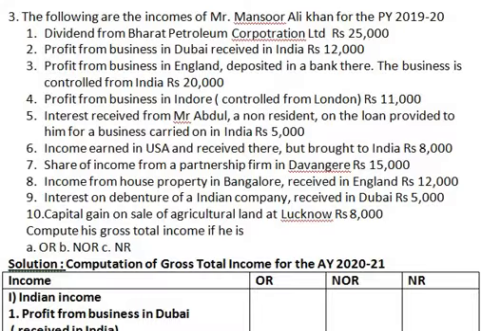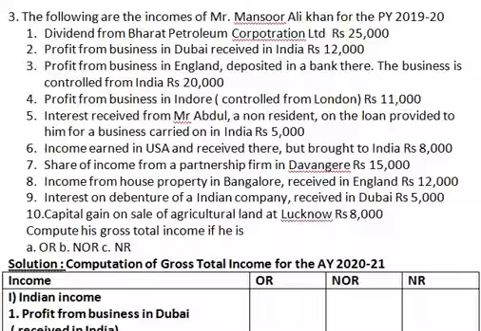Profit from business in Indore, controlled from London, rupees 11,000. Interest received from Mr. Abdul, a non-resident, on the loan provided to him for a business carried on in India, rupees 5,000. Income earned in USA and received there but brought to India, rupees 8,000.